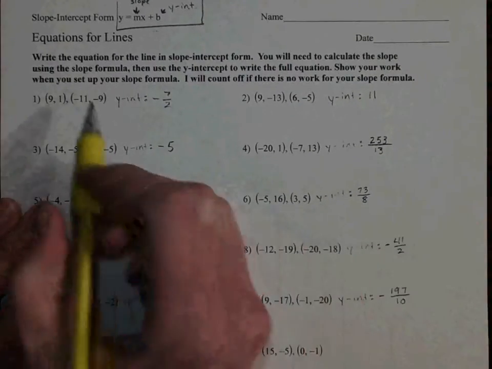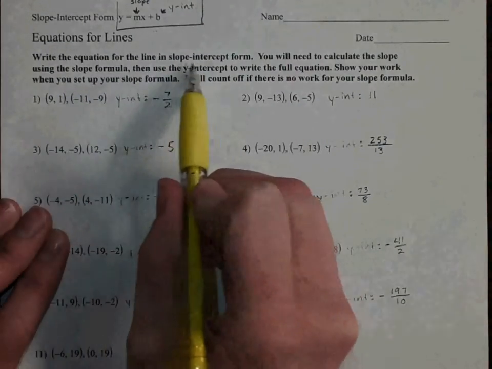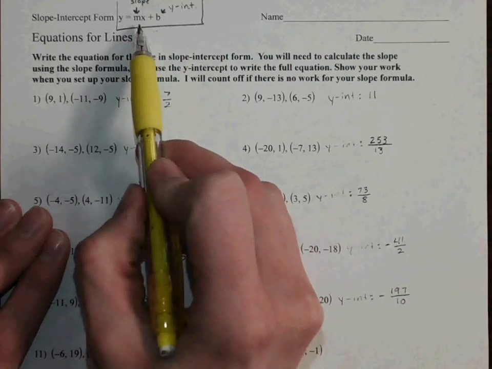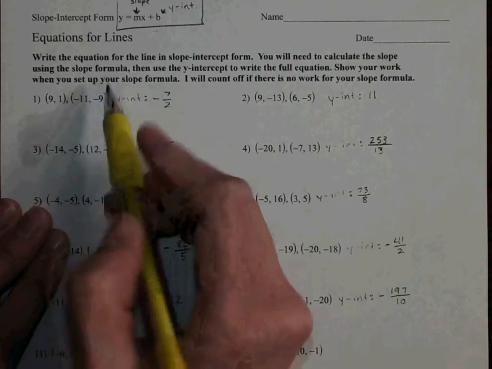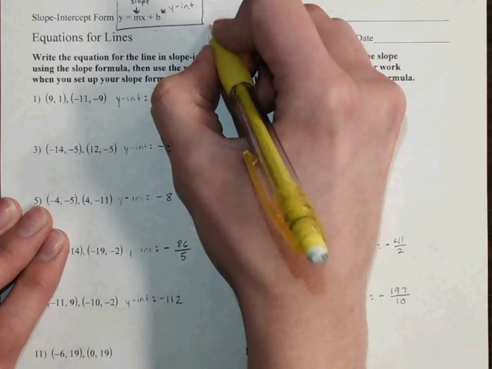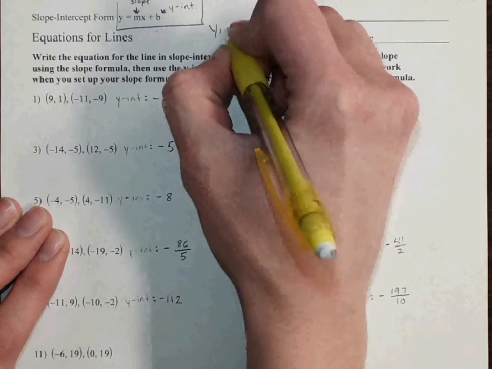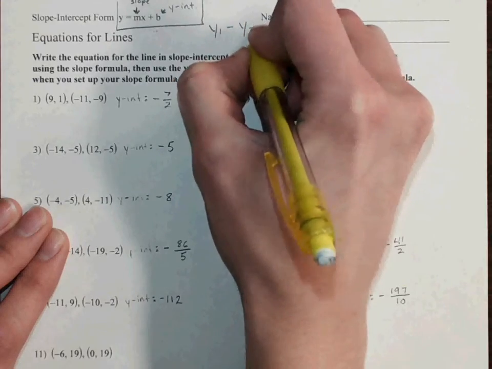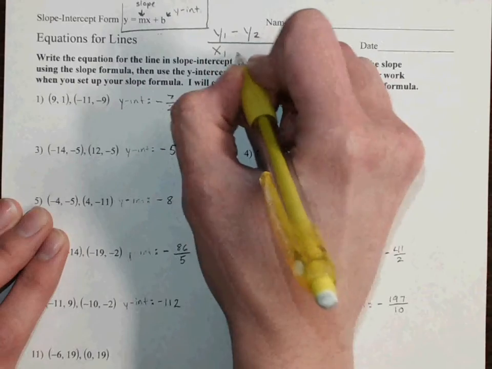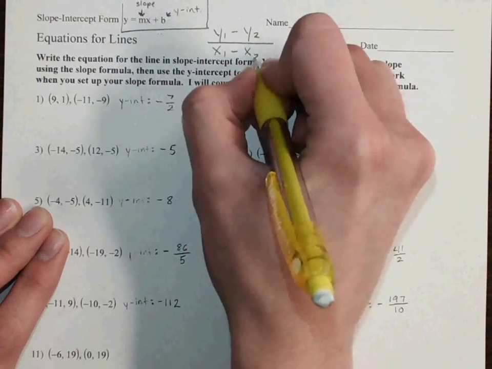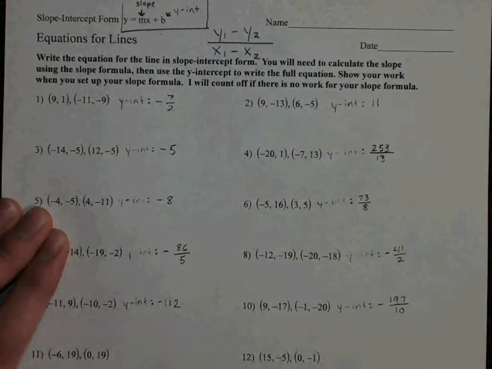So now I'm going to read the instructions. You can follow along. Write the equation for the line in slope-intercept form. That's that one. You will need to calculate the slope using the slope formula. So up here, let's write in our slope formula. We have y1 minus y2 over x1 minus x2.